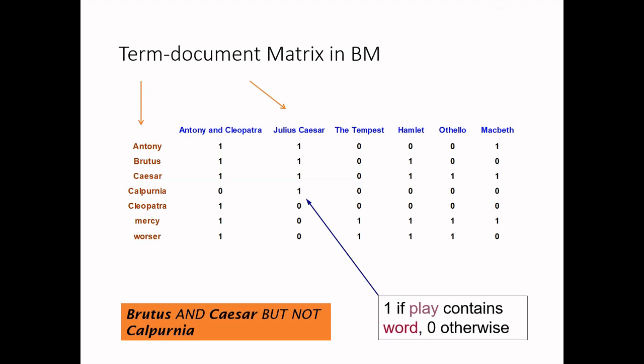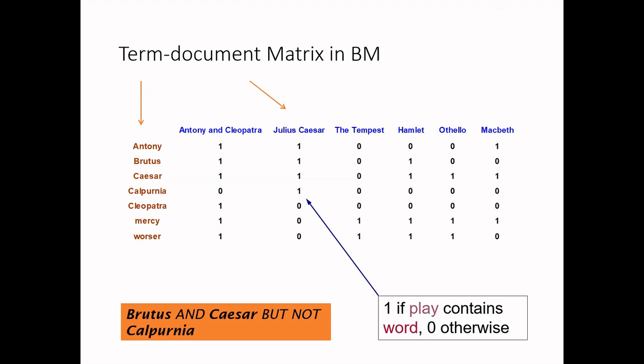All right. So one can use those characters as keywords, let us say. And then each play can be characterized as a Boolean vector or a binary vector in terms of ones and zeros.